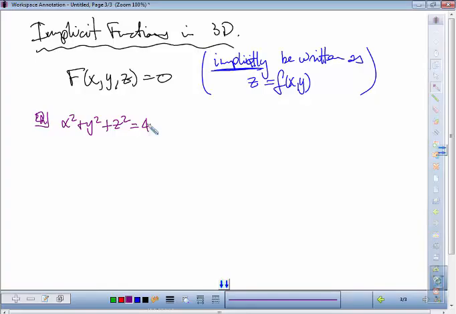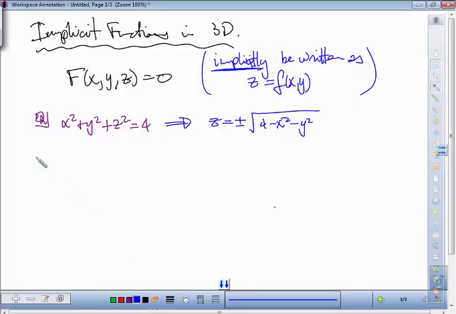So that's easy to understand, I think. So in this case, we can have two separate functions that describe the whole surface.